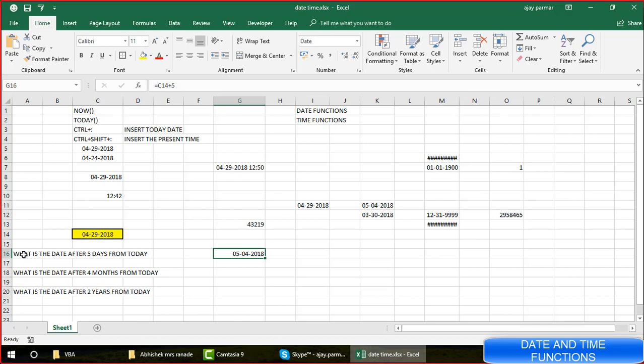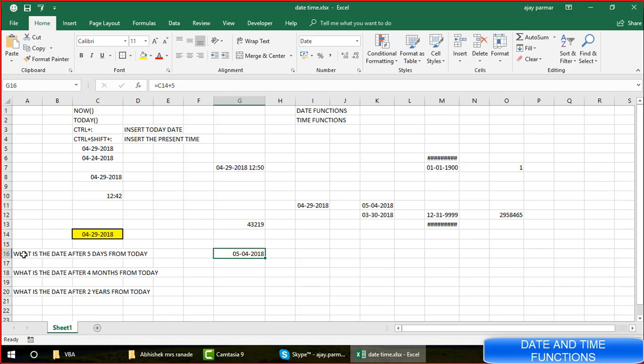But if you want to add the month, how will you add the months? First you go and convert the months into days, and that's a little difficult because some months have 30 days, 31 days, so it's a complicated calculation. So rather than that, it's better if I just directly say, you just add 4 to it and then give me the date according to the month.